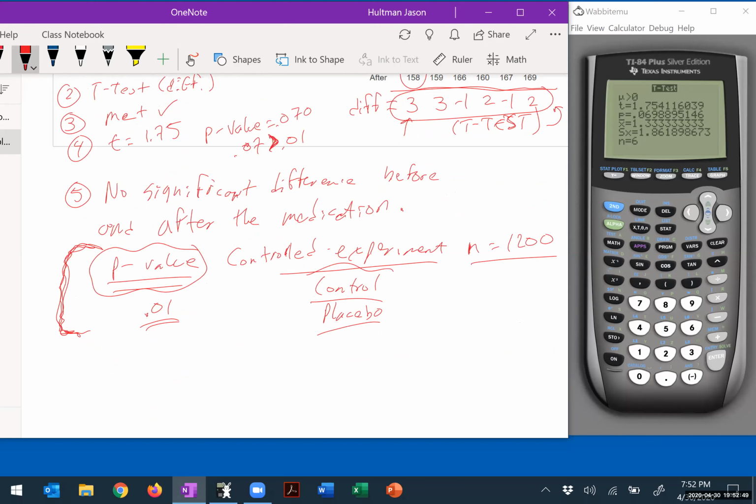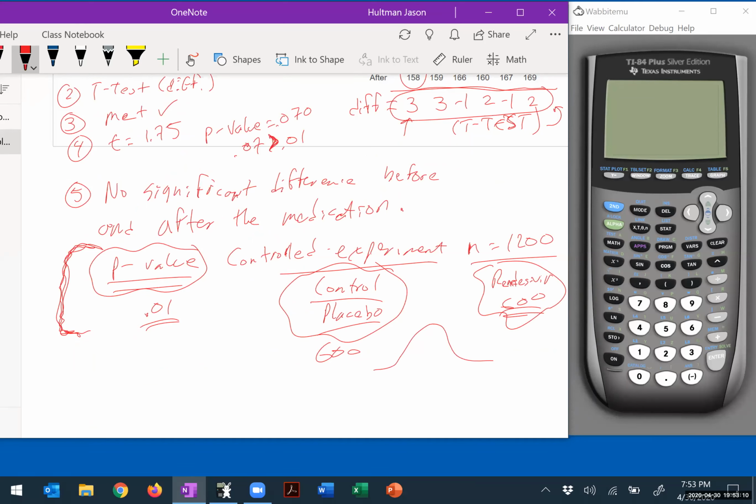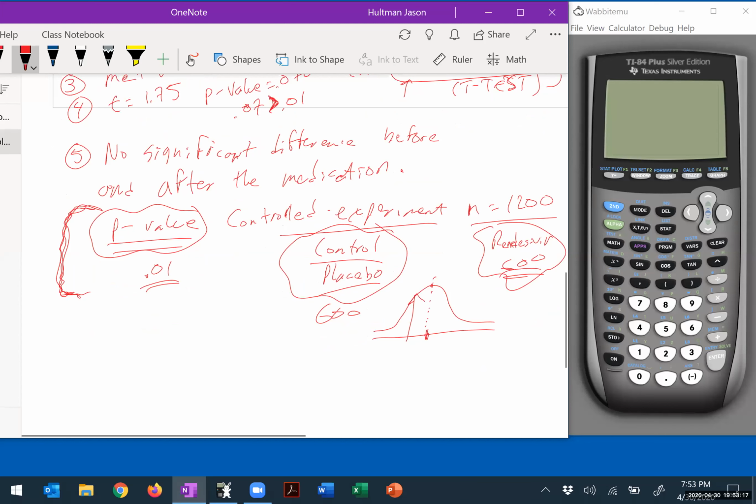So we had a control group of maybe 600 individuals, and then we had the ones that got remdesivir, and they saw a significant difference. The mean average time for these people to recover was 15 days, and it shortened the recovery period to 11 days.